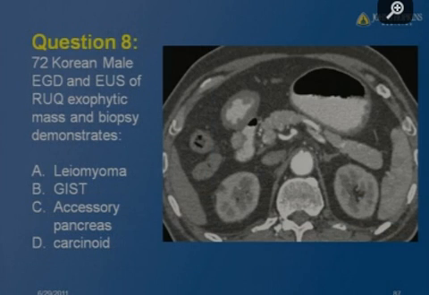What about this patient? A 72-year-old Korean male, EGD and endoscopic ultrasound demonstrating, I'm giving you the findings, a right upper quadrant exophytic mass, and the biopsy demonstrates A, leiomyoma, B, GIST tumor, C, accessory pancreas, D, carcinoid.